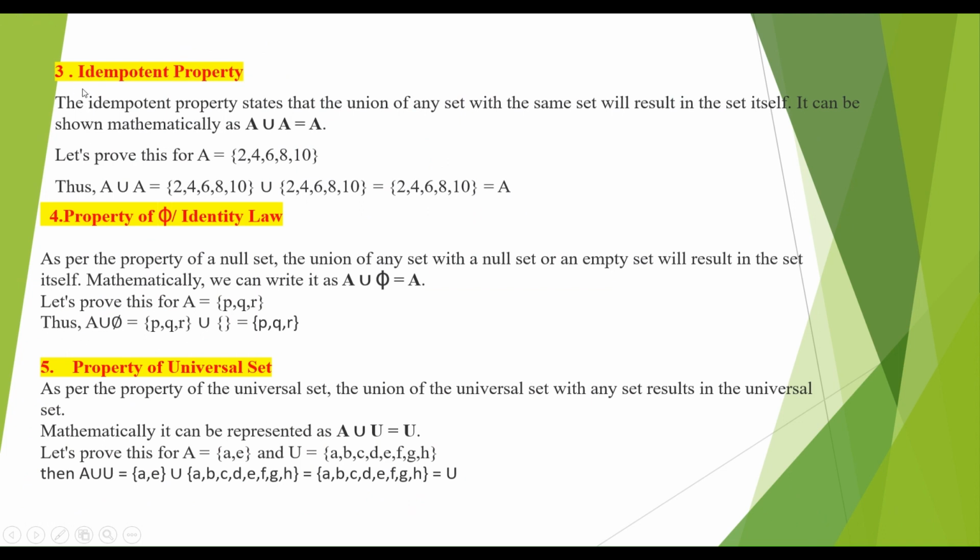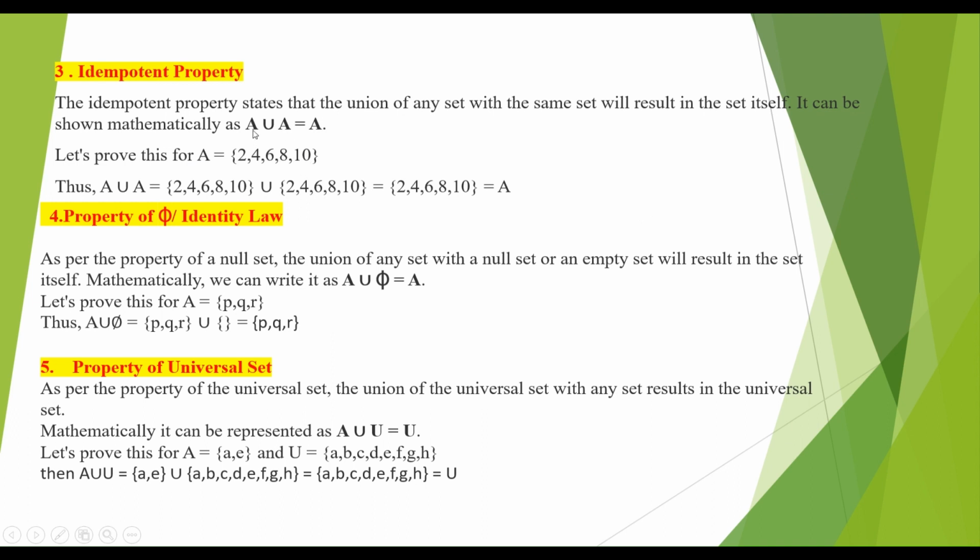Okay, next is the idempotent property. This property states that the union of any set with the same set will result in the set itself. It can be mathematically written as A union A equals A. So let's prove this. First take one set A, that is the numbers 2, 4, 6, 8 and 10.